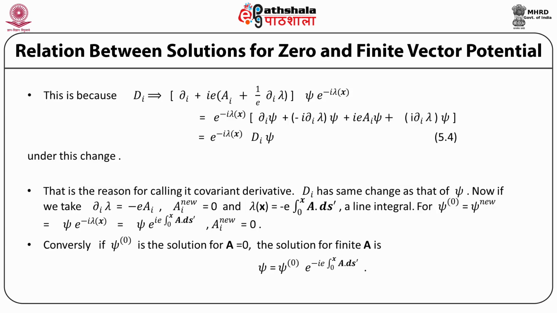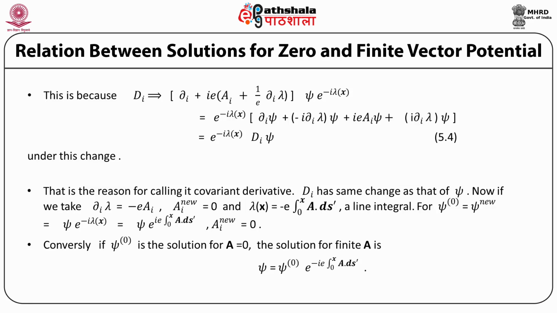Conversely, if psi 0 is the solution for A vector vanishing, that is A vector equal to 0, the solution for finite A is given by psi equal to psi 0 times exponential of minus i e line integral from 0 to x of A vector dot ds prime vector. So this is the advantage of the covariant derivative.